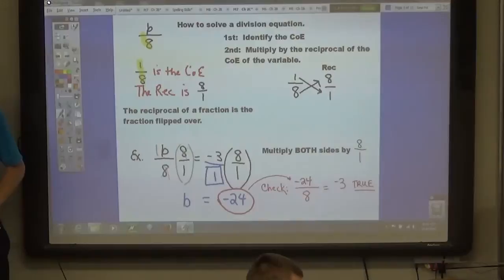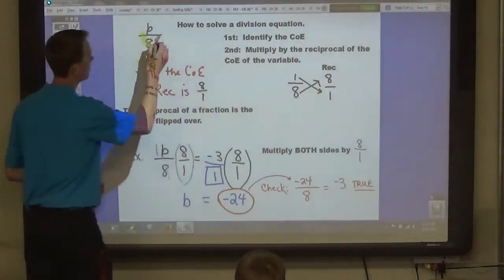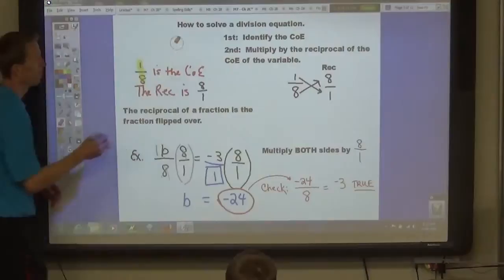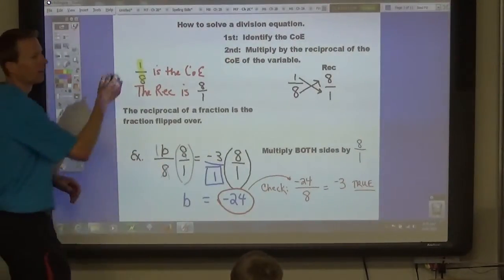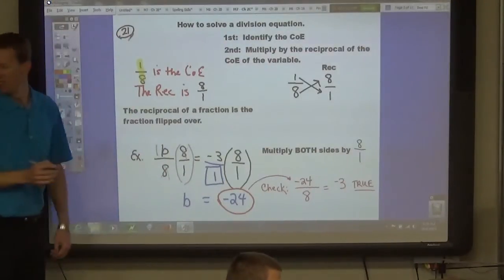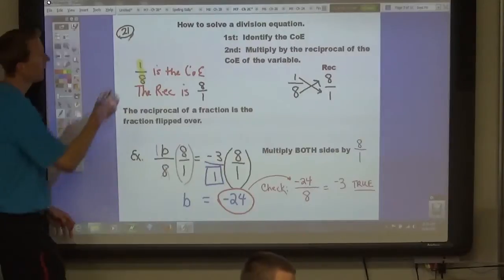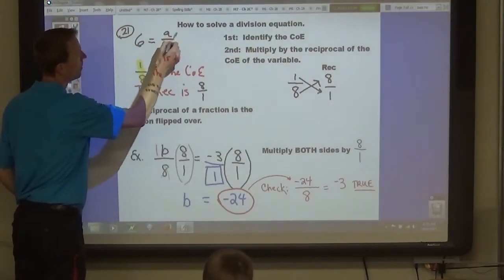So if in your book, go to number 21. Let me write that one up here. Number 21. 6 equals A over 7.